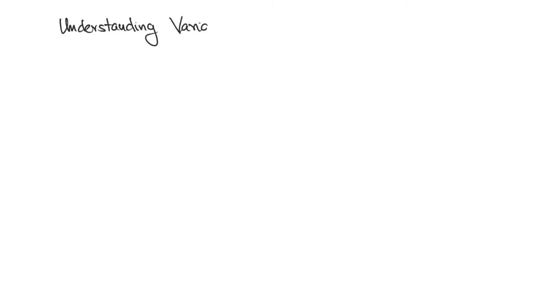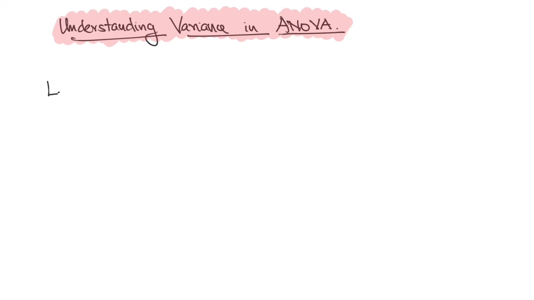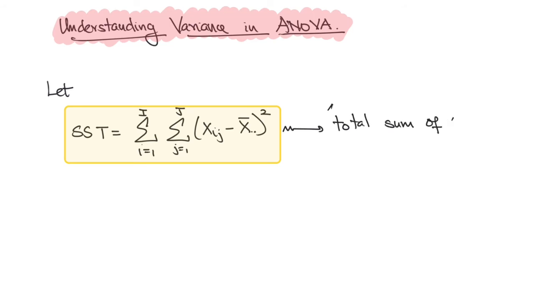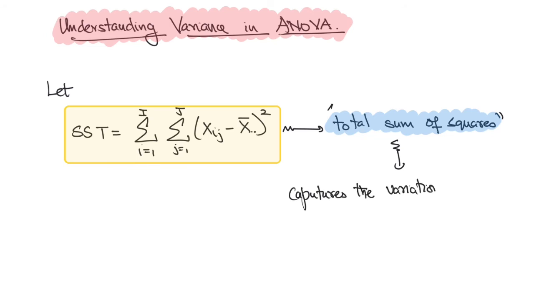Finally, we'll wrap up by providing some more insight into the analysis of variance test procedure. We can define SST, which is also called the total sum of squares, as the sum of the squared variations of the sample data from the grand mean. This captures the total variation of the sample data from the grand mean.